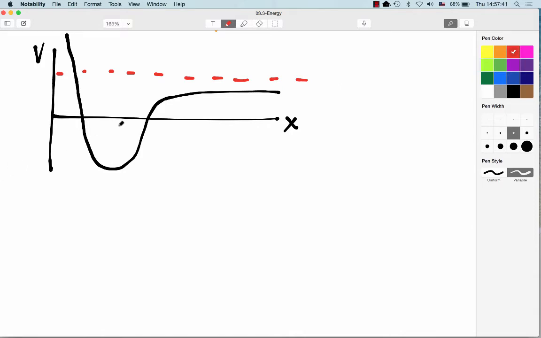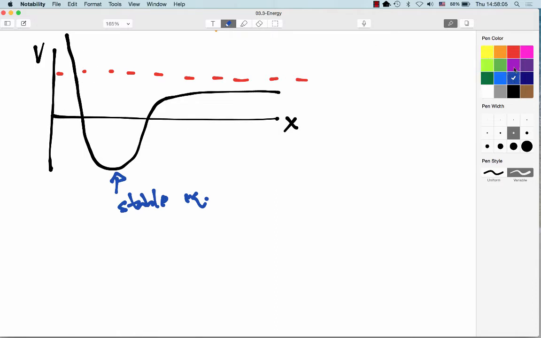Okay. Well, this spot right here is still a stable equilibrium point. What that means is if I had it here and I nudged it a little bit, it would oscillate around here. But what if I nudged it a lot? Well, it would depend which way I nudged it. If I nudged it a lot to the left and raised its energy all the way up to here, it would come up to here.